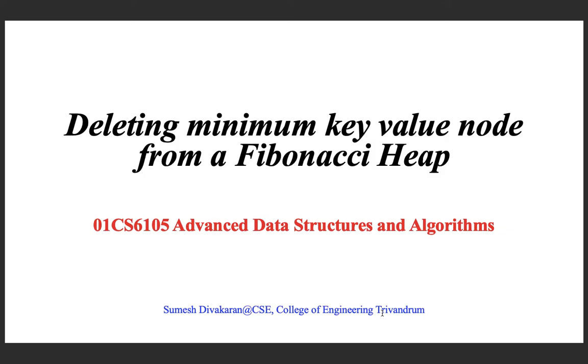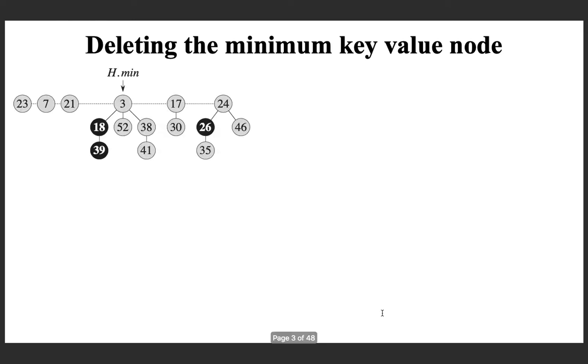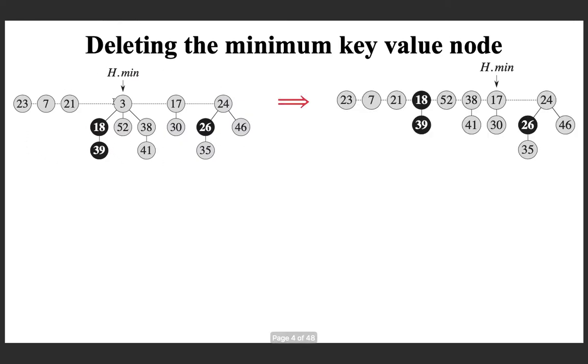So this is the algorithm that we started discussing, and till now what we did is, suppose we are given a heap instance like this. First we deleted the minimum key node 3 and inserted all these 3 subtrees here in the root list.